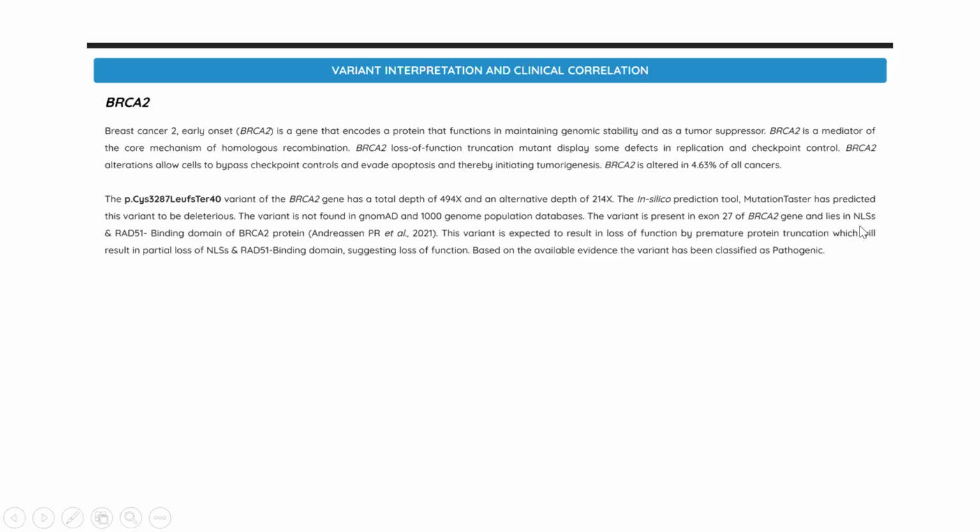If you do not have the nuclear localization signal, the protein does not do its necessary function. Because it is present here, it becomes functionally important, as was earlier documented in the literature. So any mutation in this location is suggested to cause a loss of function, and that is why it has been classified as pathogenic. The functional domain, where it is located and how important it is, is another piece of evidence that helps us classify it as pathogenic.